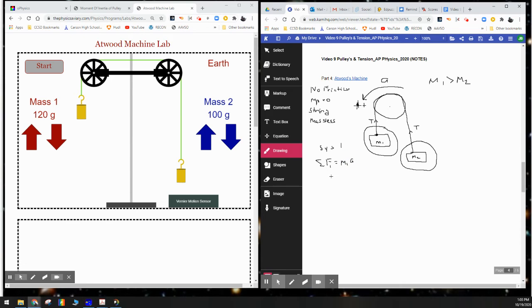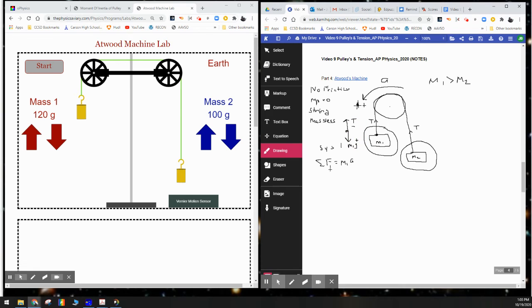Here's our free body diagram. We have tension acting upwards, and M1G acting downwards. This will be positive and this will be negative.